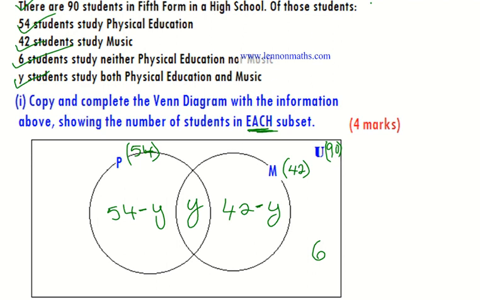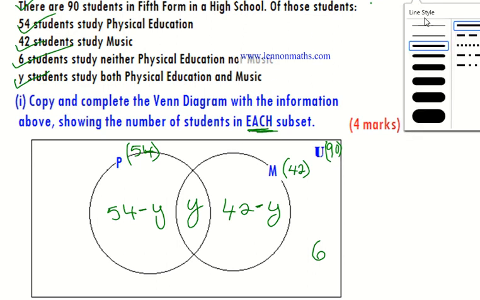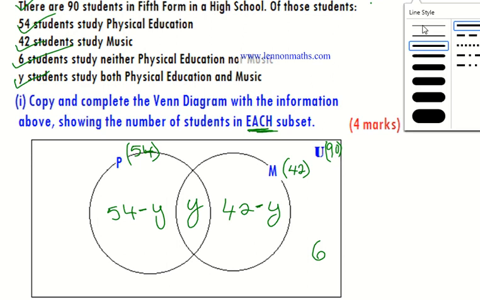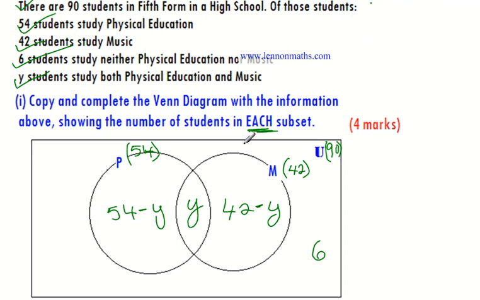Good stuff. Let's get right on to business. So now we have completed the Venn diagram, and this is represented for each subset. Now some person may want me to show them how to represent this region here. It's actually the number of elements in P intersect M, capital letters.